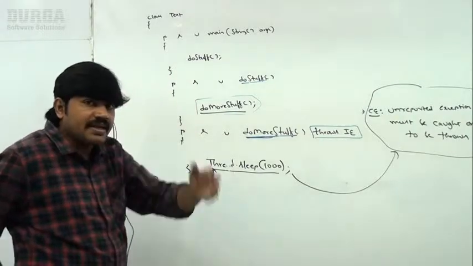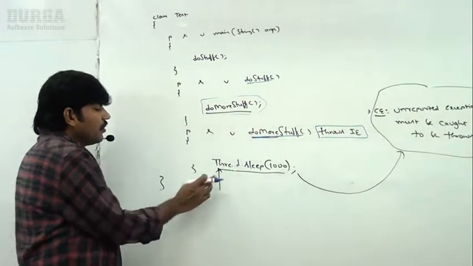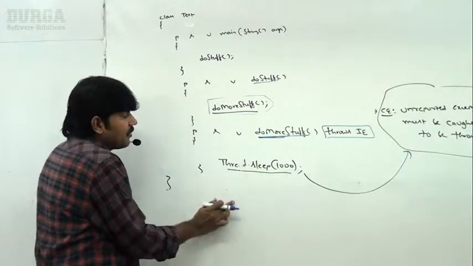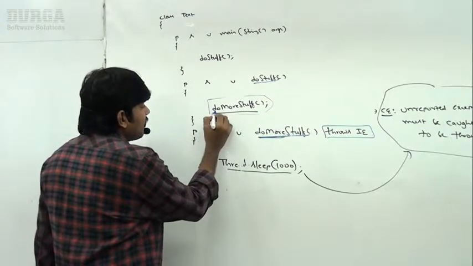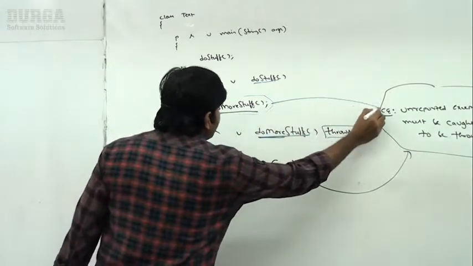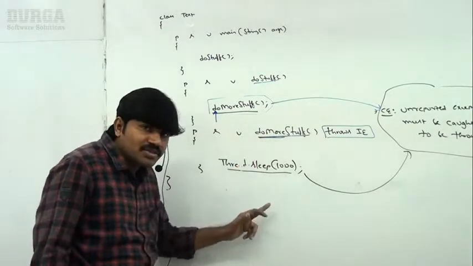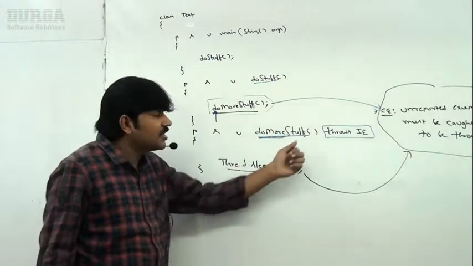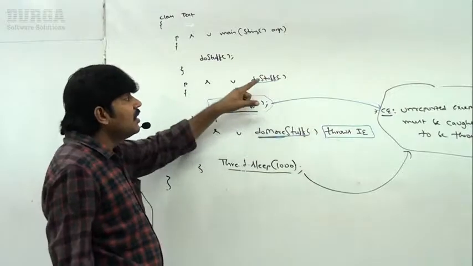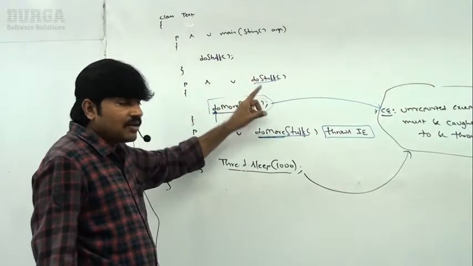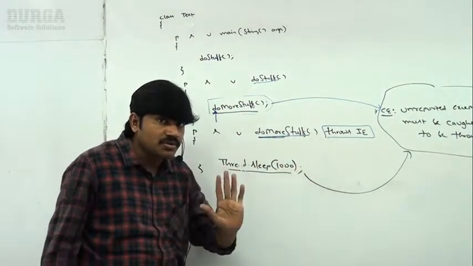You didn't handle, that's why I can't compile this code. Instead of the compile time error here, now the compile time error will come at this line. Observe that. Now doMoreStuff delegated the responsibility of exception handling to doStuff, which is the caller, by using the throws keyword.